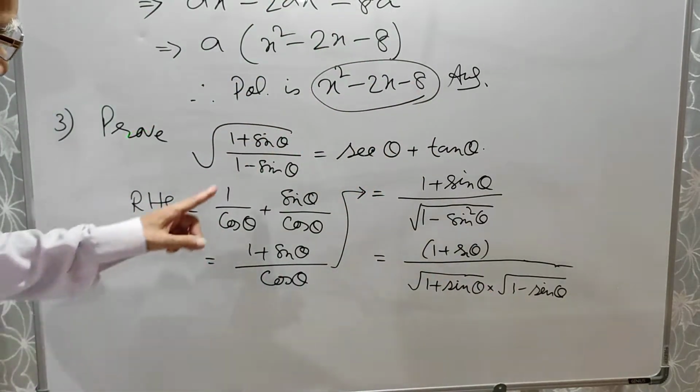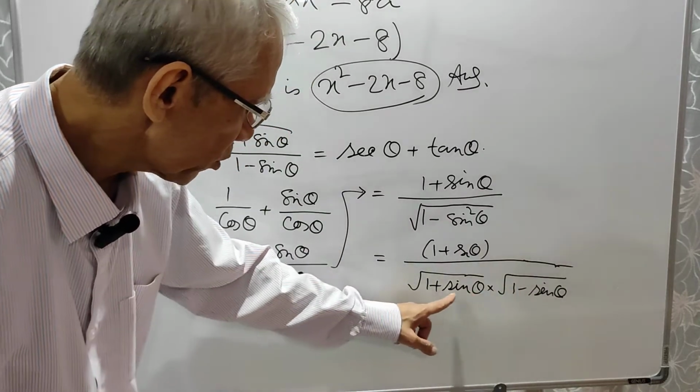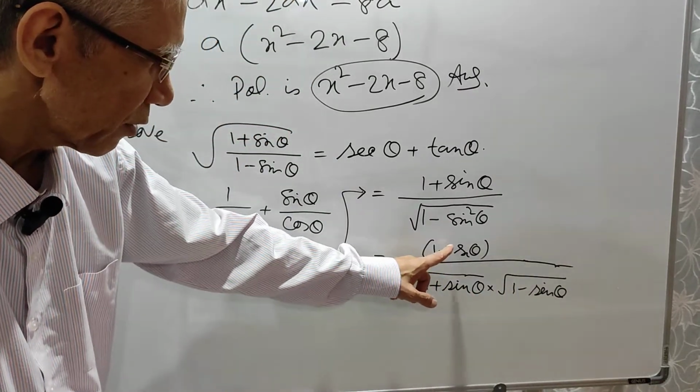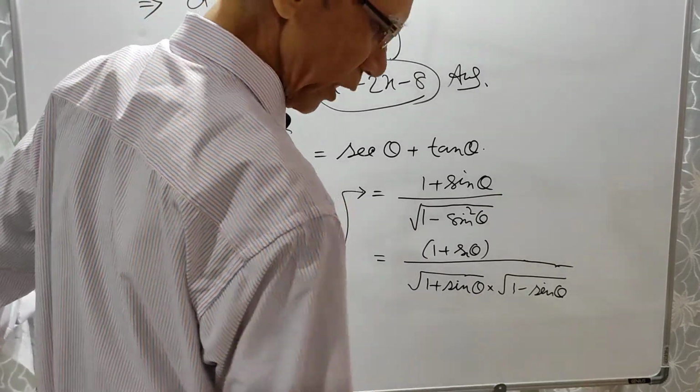Now in the denominator we got root over 1 minus sine theta, so this one we have, but this one we don't need. Now we can cancel this with this one. Next step I'll show you here.